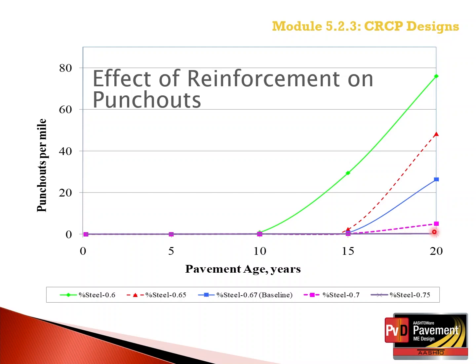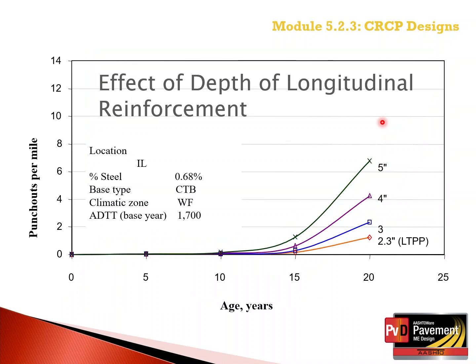And the gray is about 0.75% reinforcement of the slab. And as you can see, percent effective reinforcement is very significant on the predicted punch-outs per mile. So it's a sensitive parameter and one that the user can control.